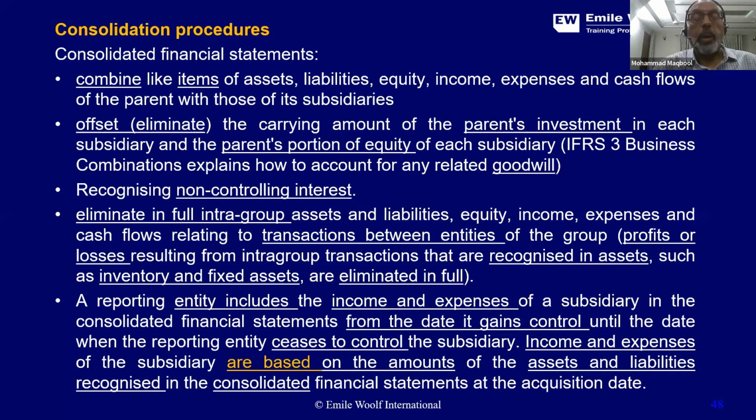Income and expenses of the subsidiary are based on the amounts of the assets and liabilities recognized in the consolidated financial statements. I give you the example. When you make an investment in a subsidiary, you need to work out the fair value of the subsidiary to work out the goodwill.